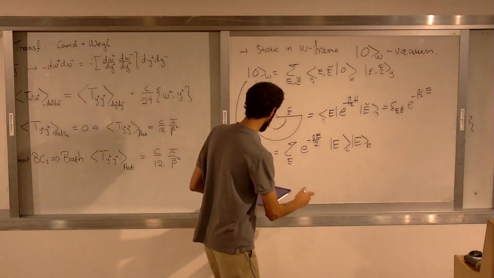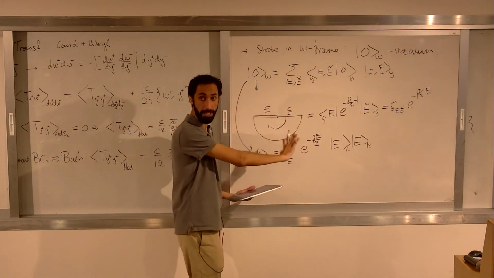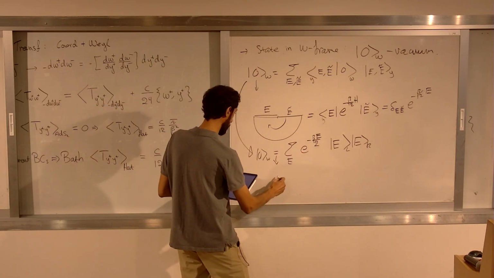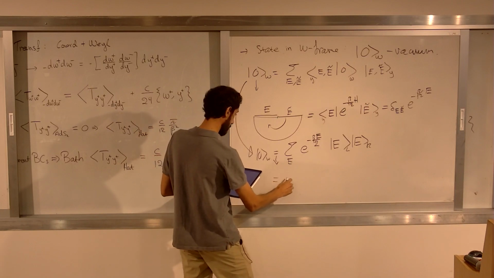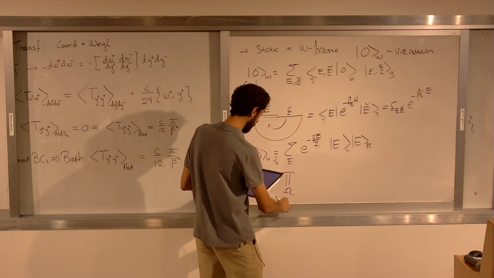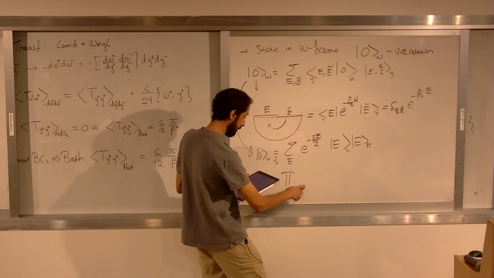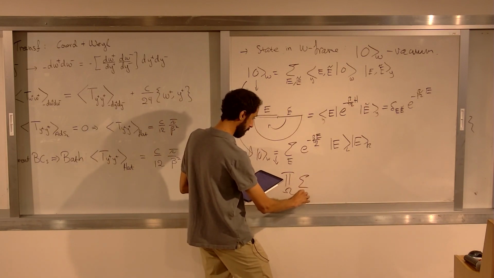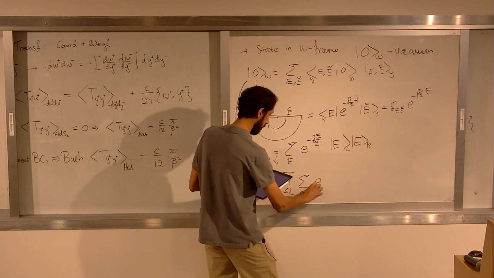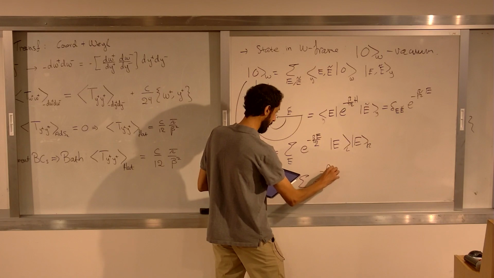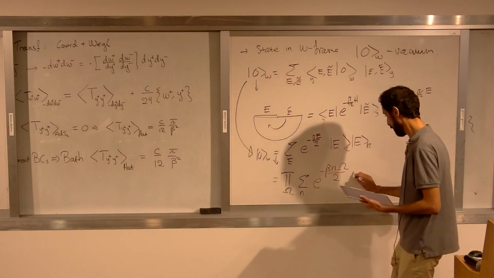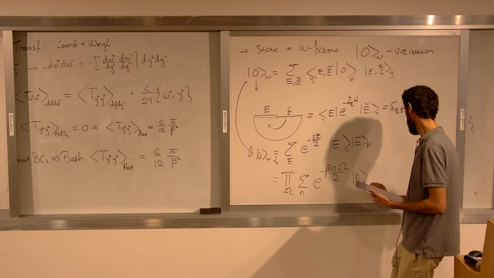This is general for any kind of matter theory that you want to consider. But if you focus on a free theory, this is going to be some product over frequencies, sum over occupation numbers of e to the minus beta n omega over 2. I'm being schematic.